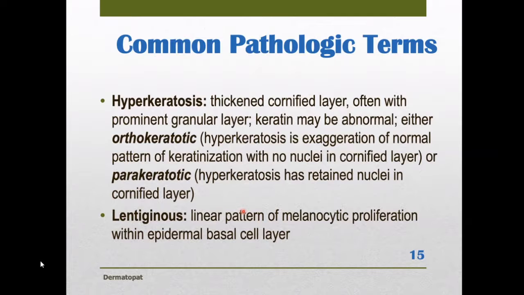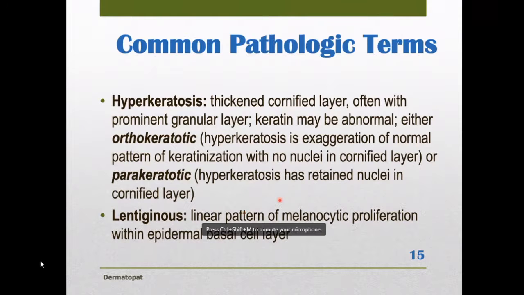Now, if we have nuclei within the corneal layer, we say there is parakeratosis. But if there are no nuclei, we say there is orthokeratosis. And these terms are very important because if a patient's history tells you they have orthokeratosis or parakeratosis, it means something. Usually the diagnosis will differ and the treatment will differ.